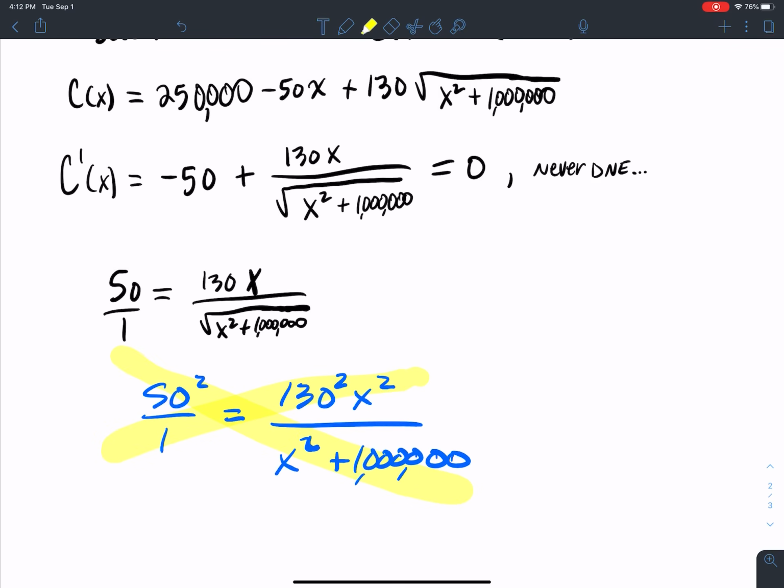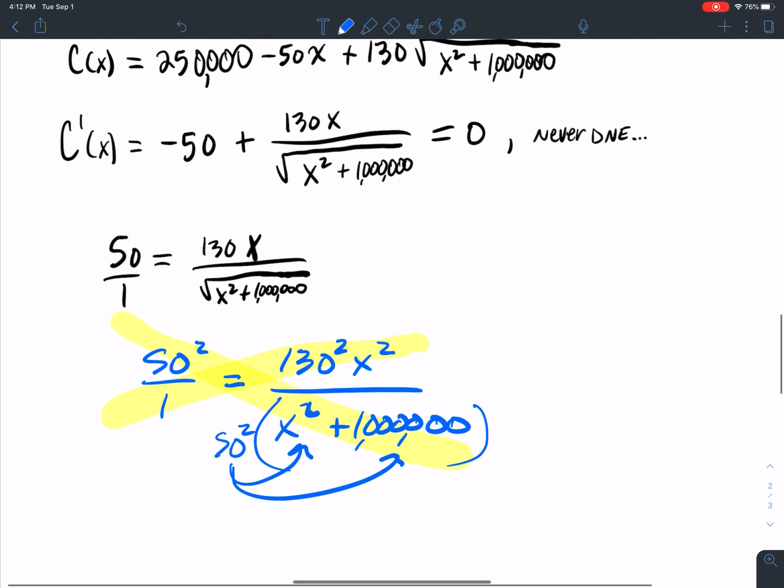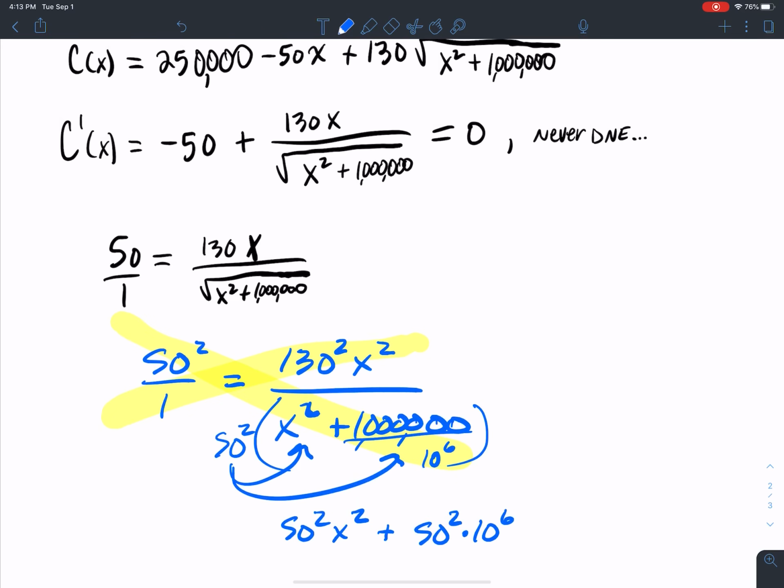If I cross multiply, I get 50 squared distributed into here gets me 50 squared x squared plus, and I'm going to rewrite this as 10 to the 6th power, that way I don't have to keep writing all those 6 zeros. So that's 50 squared times 10 to the 6th, and that's equal to 50 squared.